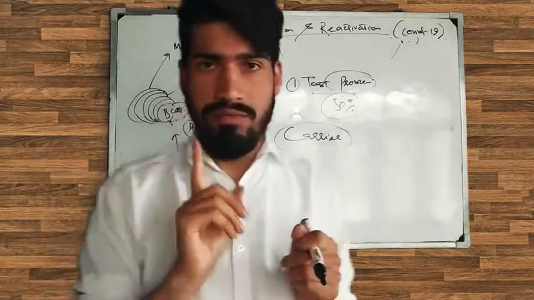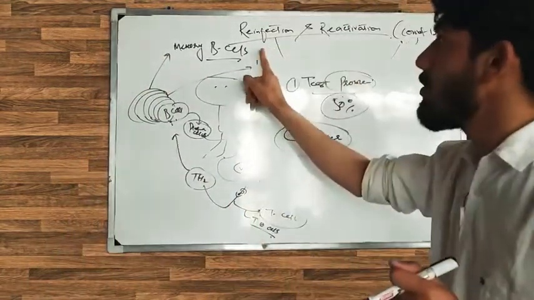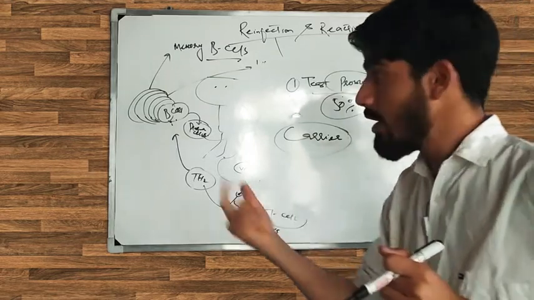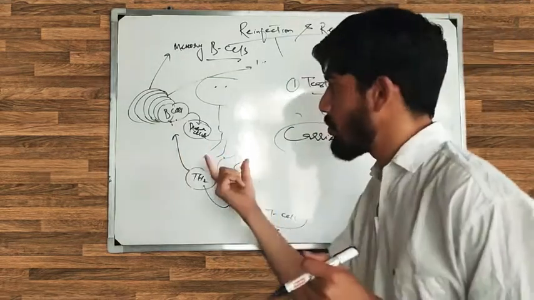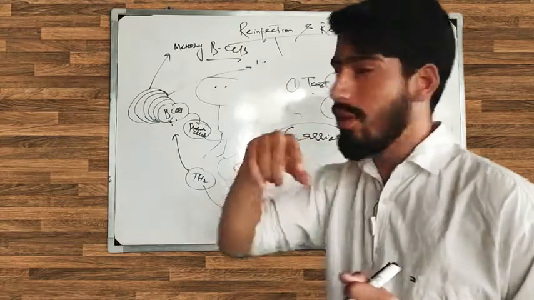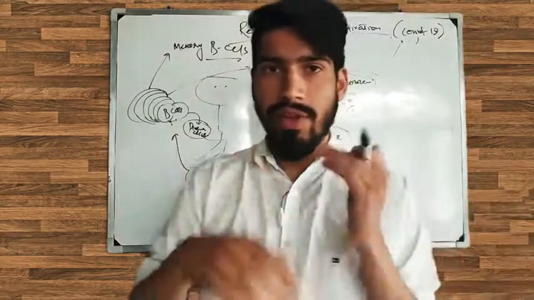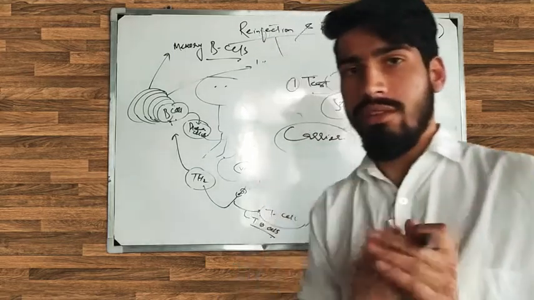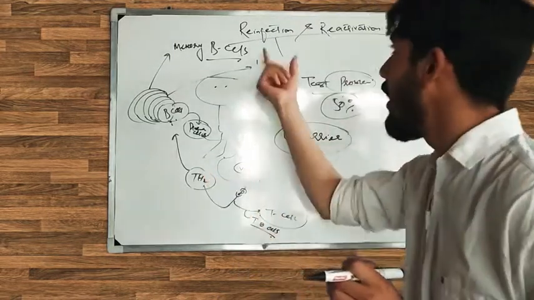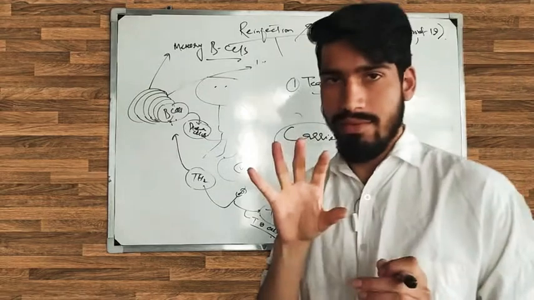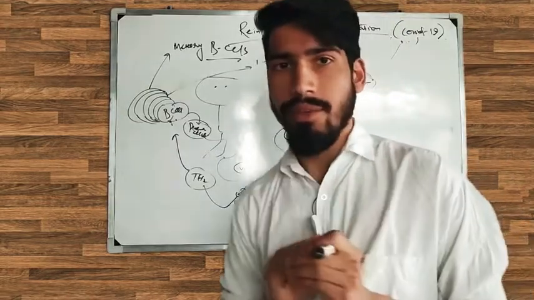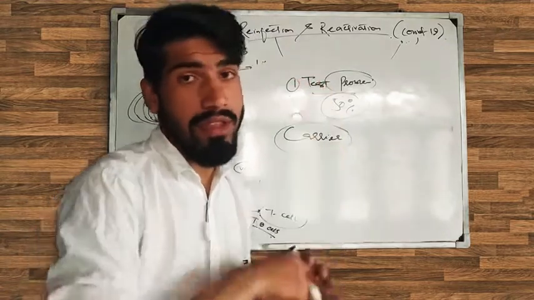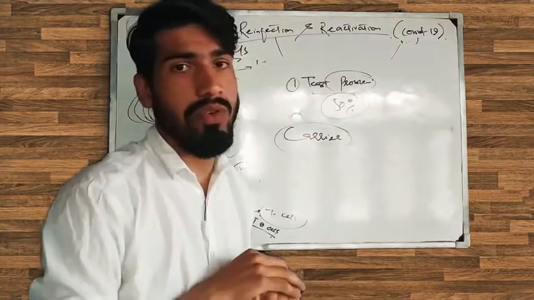But according to the studies, reactivation or reinfection cannot occur, because as I showed you here, the whole process of the virus or pathogen, when the virus comes inside the body, what happens. If we think according to that, reinfection and reactivation cannot occur. But in COVID-19, we cannot say. Maybe reinfection or reactivation occurs.